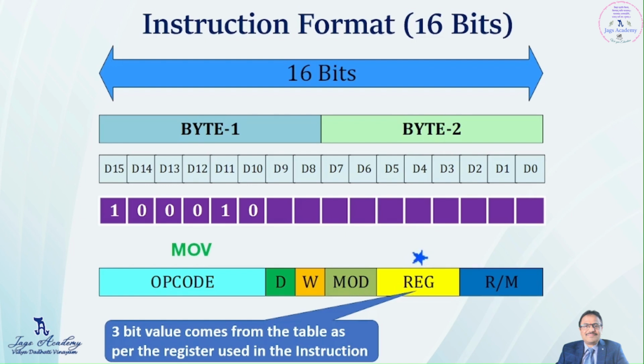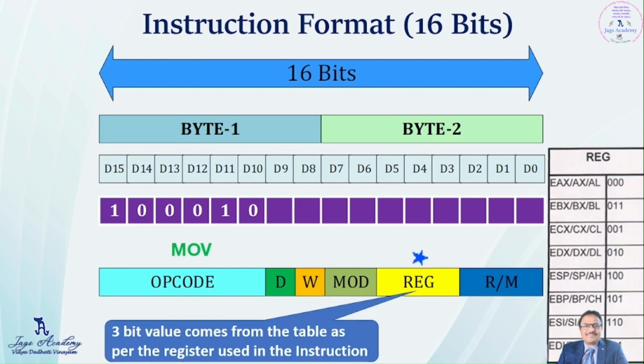Right. Now, while writing D bit, you already know that the data is coming from the register or going to the register. You know which register that is. Remember that register and look into this table.